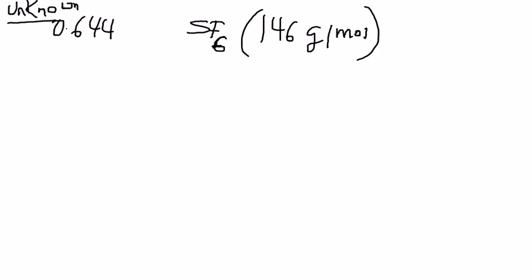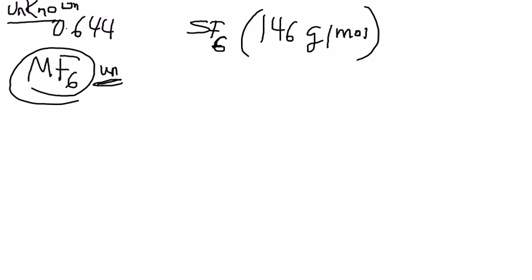So let's assume it's something like MF6 perhaps. Okay, so this is my unknown. Now, you're given that if SF6 moves at, let's say, some x velocity, then the MF6 is going to move at 0.644 times that x.